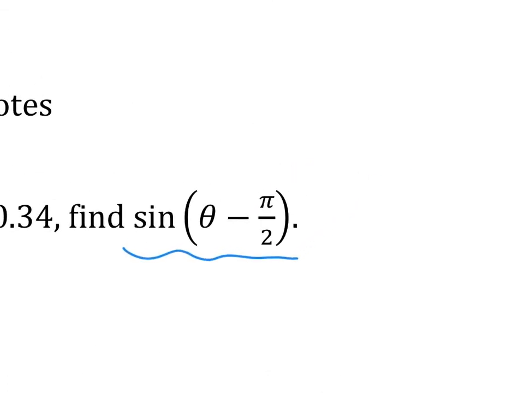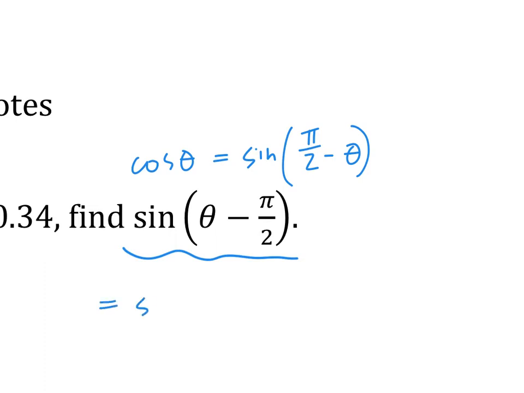Cosine theta equals sine of pi over 2 minus theta. That's a little different, so I can't make a direct substitution. How do I make the question look like my cofunction? I can switch them.